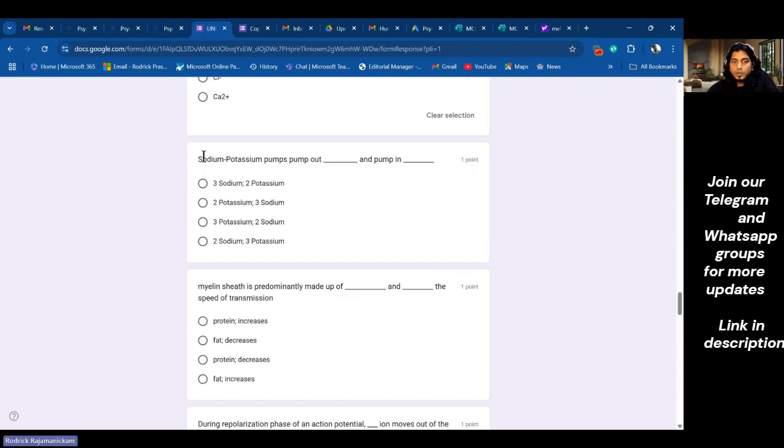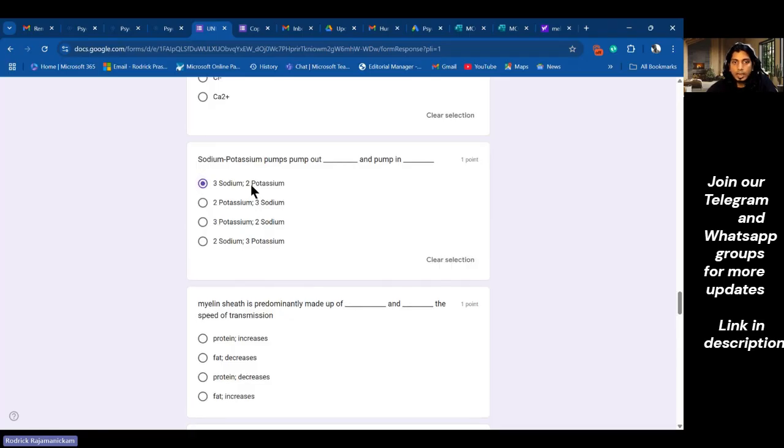Right. So now we have the sodium potassium pump. It pumps out the excess sodium that has come inside and takes back the potassium that has gone outside. It has to pump out 3 sodium and take in 2 potassium to make the cell more negative. The cell became positive because of the action potential: a lot of sodium has come inside and potassium has gone outside.